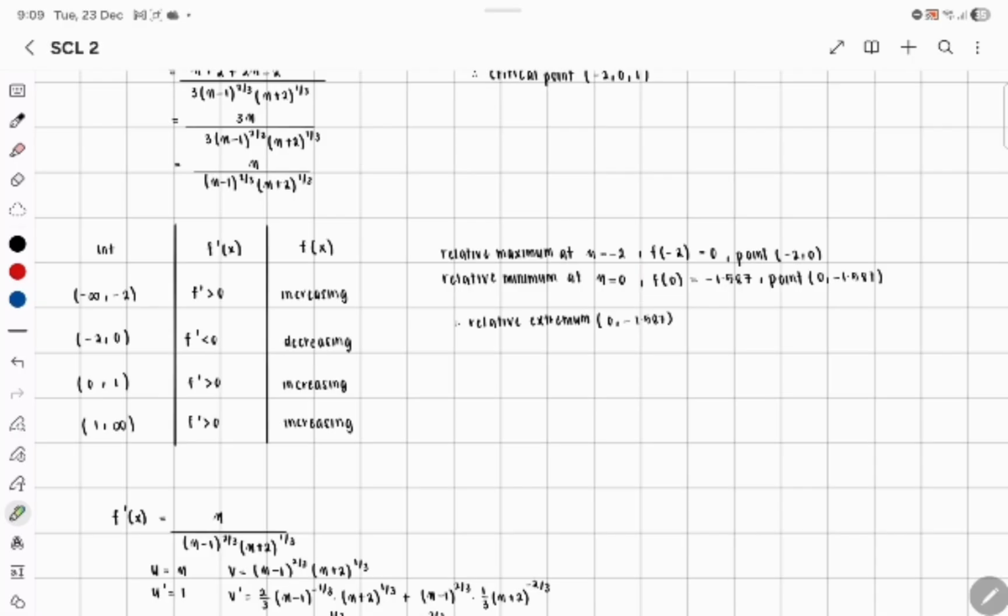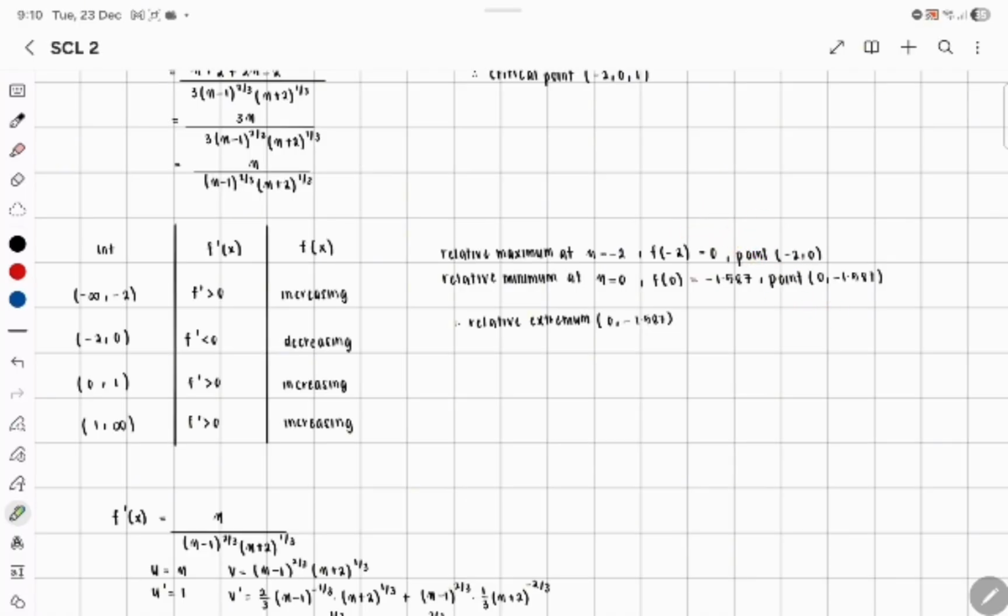Since the graph goes from increasing to decreasing at x equal to -2, we get a relative maximum there. And since it goes from decreasing to increasing at x equal to 0, we get a relative minimum at x equal to 0.